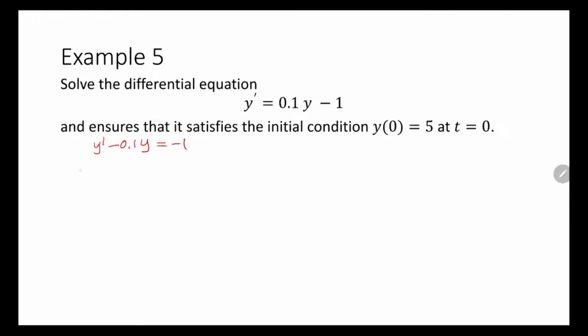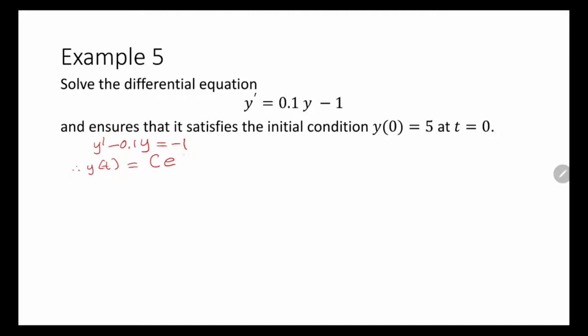Okay, so the solution will be equal to the homogeneous solution. Remember, for the homogeneous solution we just have to change the right hand side to 0. And the solution of the homogeneous form is c e to the power of minus a t.